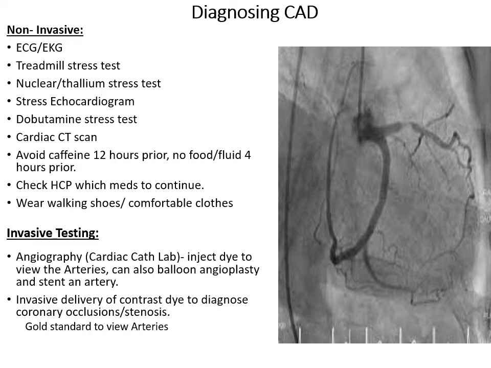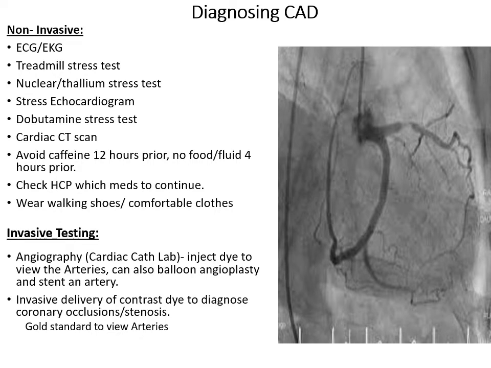Not everybody can have the gold standard, an angiogram, where we put a catheter in the artery of your wrist or your groin, and we move the catheter all the way up into the aorta until it reaches the aortic valve, which is right where the coronary arteries come off, and then we put dye into the coronary arteries to see if they're blocked. And that's the image you're seeing on the right here. So not everyone can have that, and not everyone needs that.